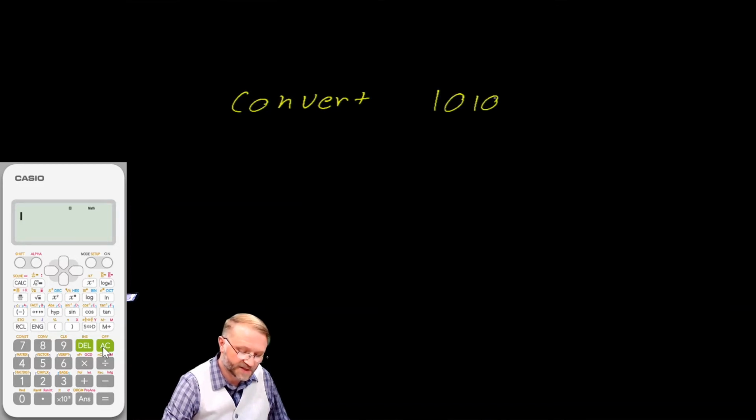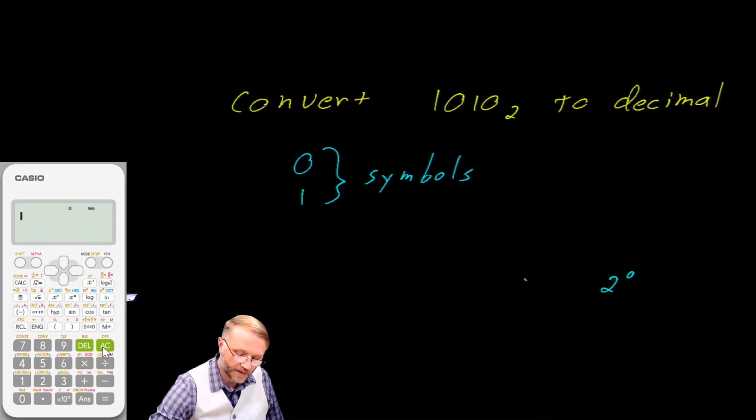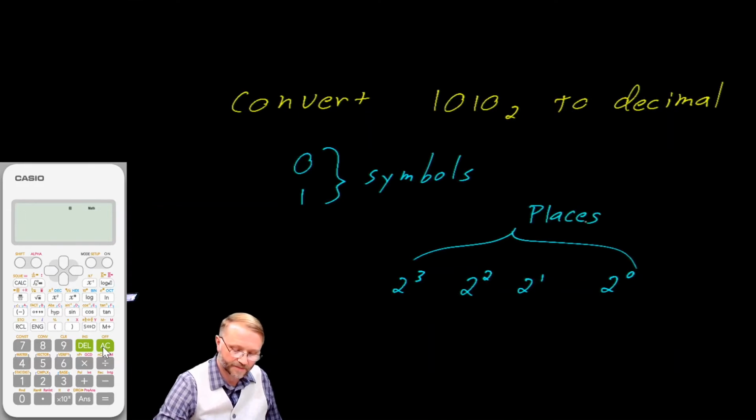Here's another example. This time we're going to go base 2, so 1010 base 2 to decimal. Our symbols are 0 and 1. Base 2 has 2 symbols. Our places are 2 to the 0, 2 to the 1, 2 squared, and 2 cubed. So symbols and places.